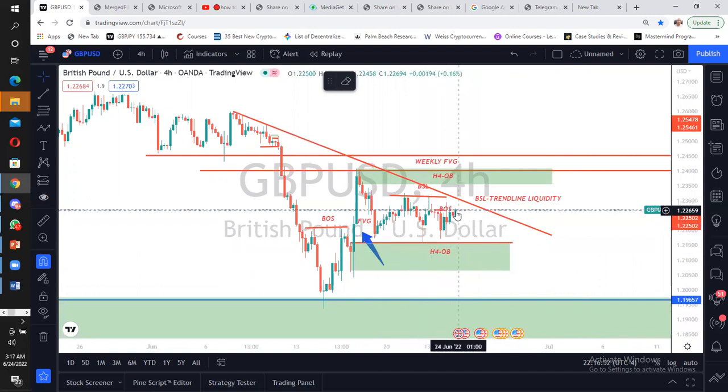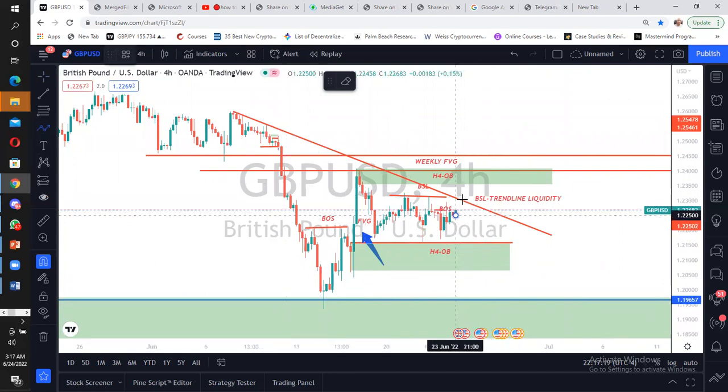So we're expecting this market to go up, take away this liquidity zone here, hit this block, then pull back, trade into this weekly FVG, then come back down here to take away all this inner liquidity that we have here, then find its way up. That is what we're expecting from this pair.